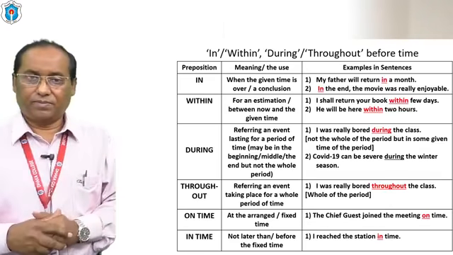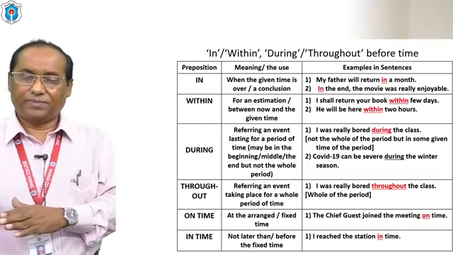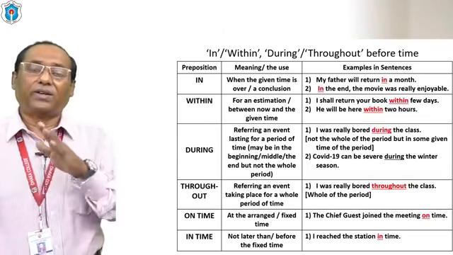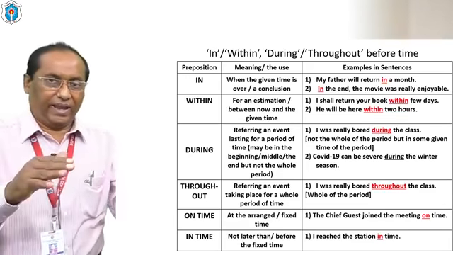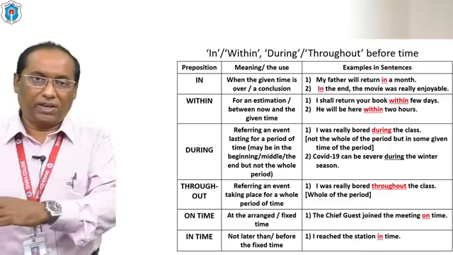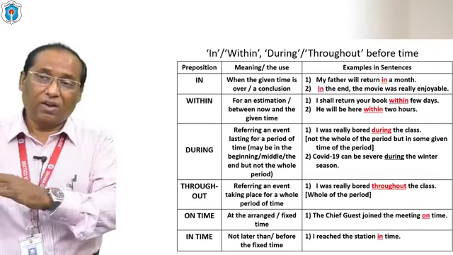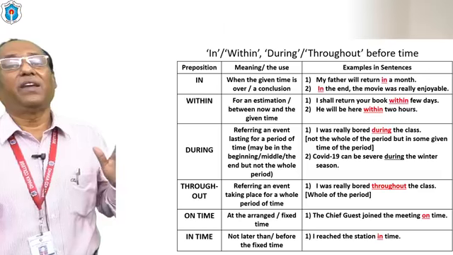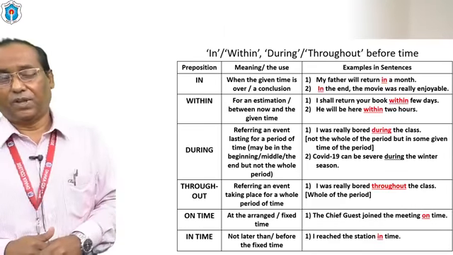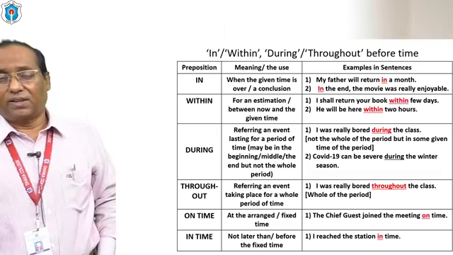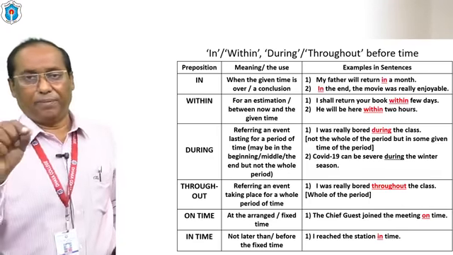That is, suppose the meeting started at 10 a.m. The guest joined the meeting on time means he joined the meeting at 10 a.m. So, on time means the fixed, given or arranged time.